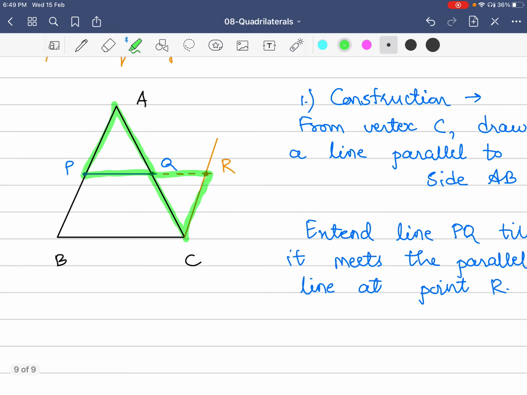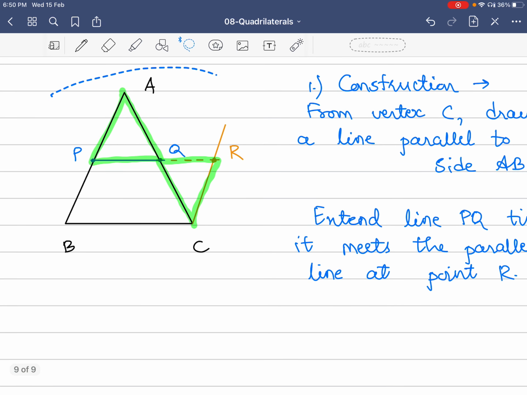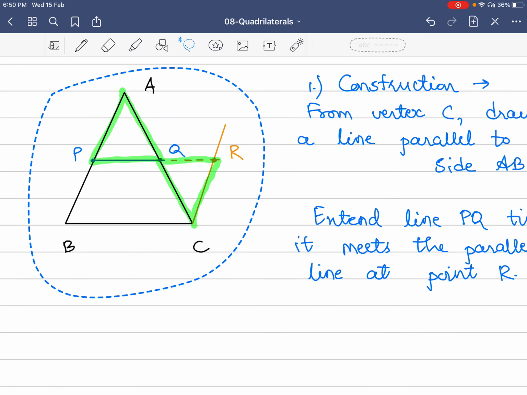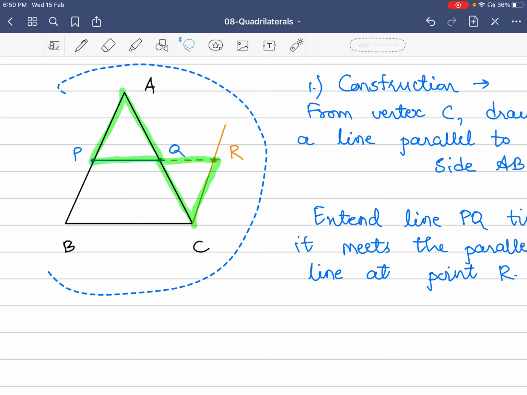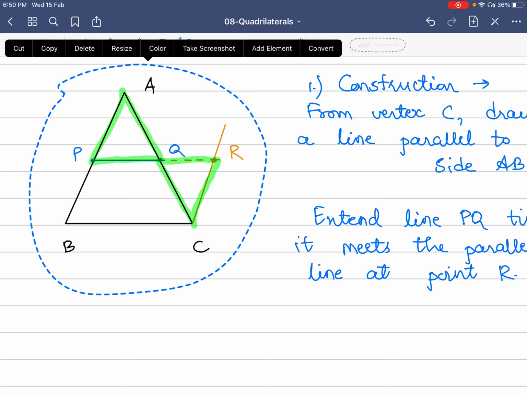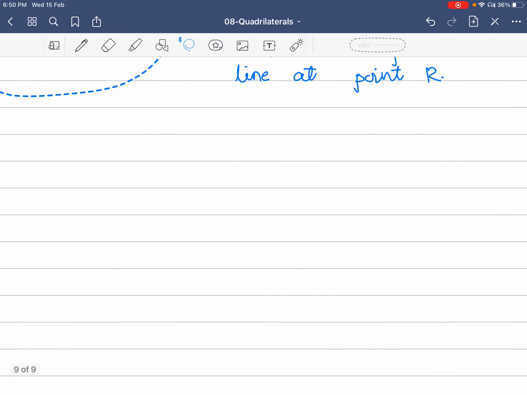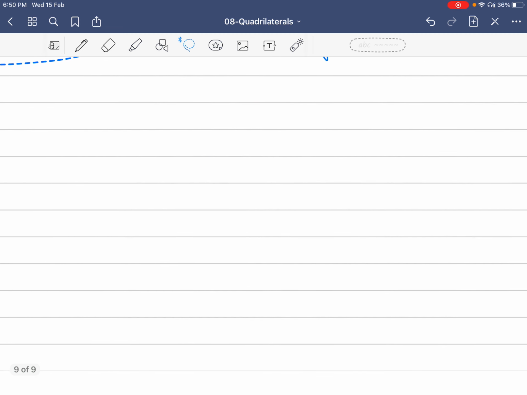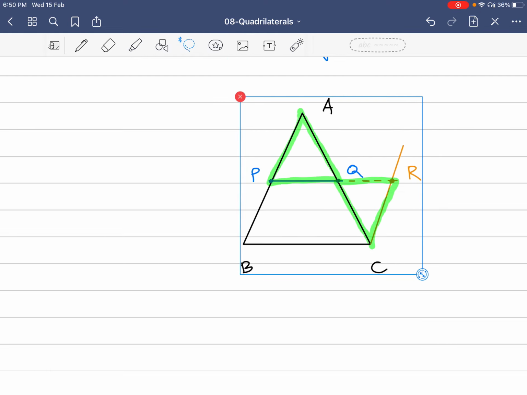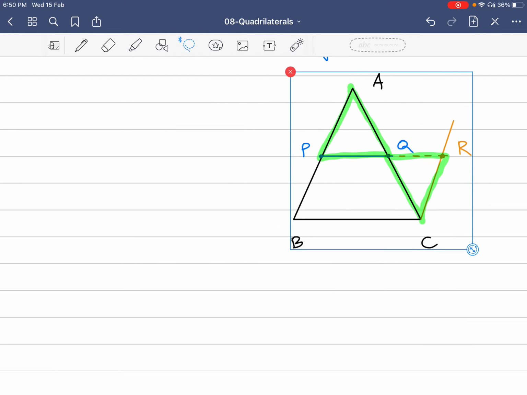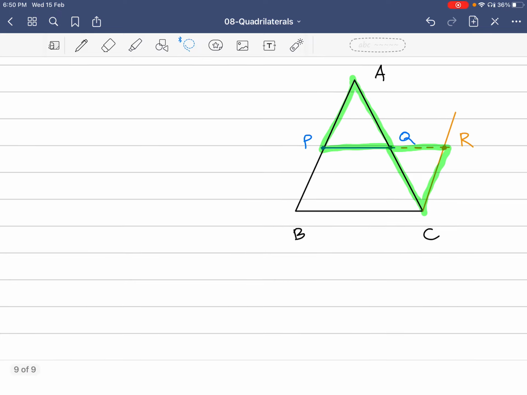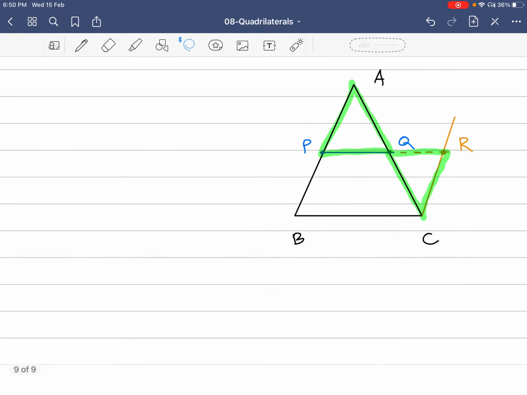I'm going to just copy this whole thing and come down, and let's paste it here. So this is construction step number 1.